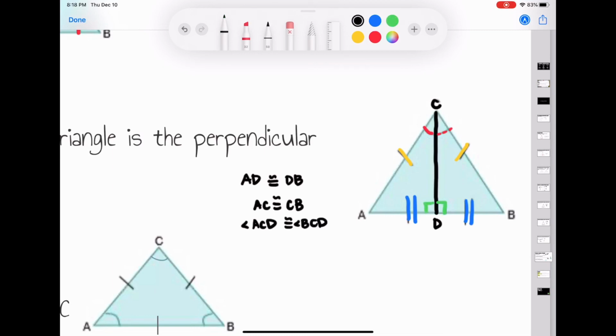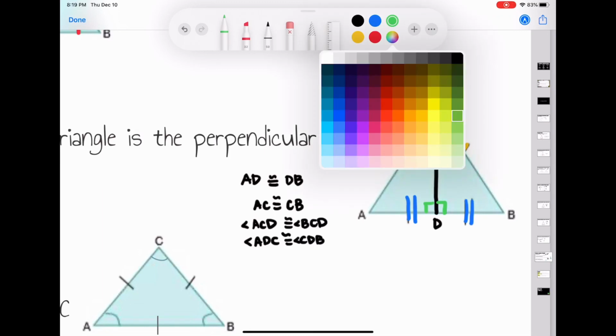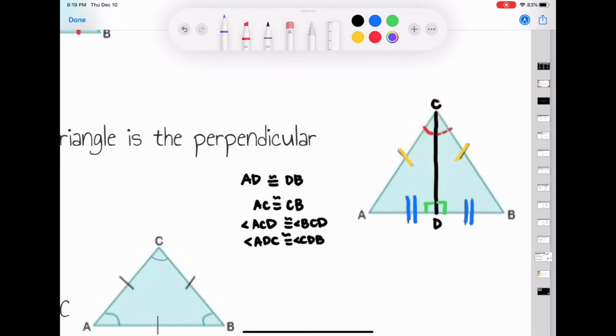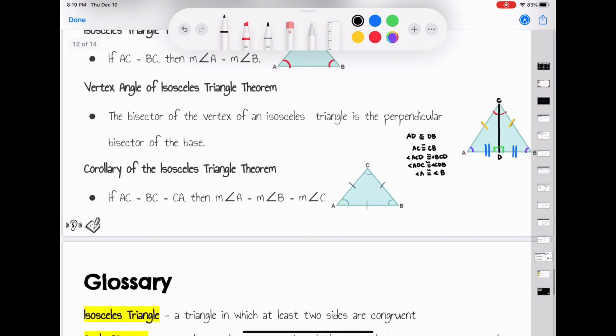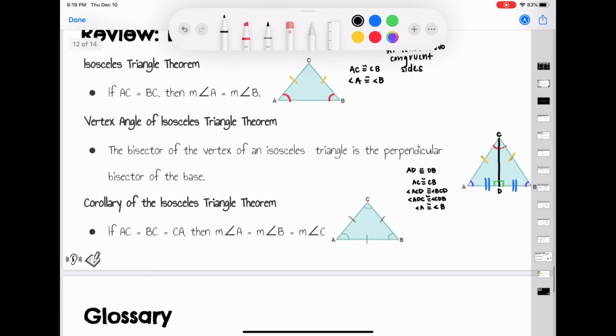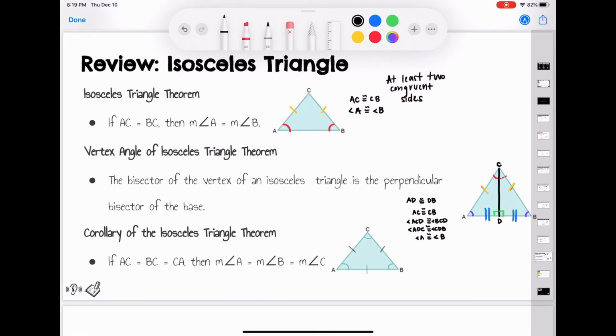So I know that ADC is congruent to CDB, and I also know one more thing, and that is because I have two congruent sides, I also know that my base angles are congruent, so that means that angle A is congruent to angle B. And those are all the different things and relationships that I get from the vertex angle of an isosceles triangle theorem. Now let's look at the corollary of the isosceles triangle theorem.